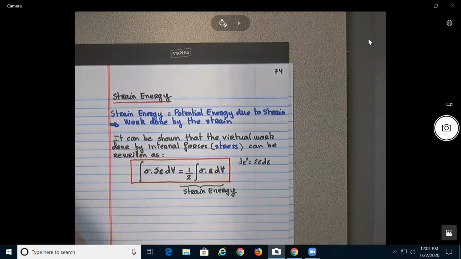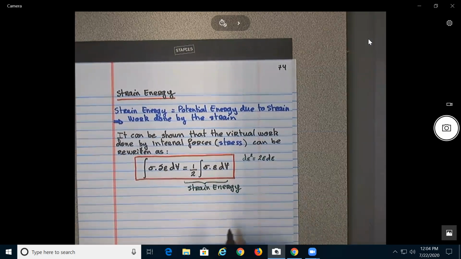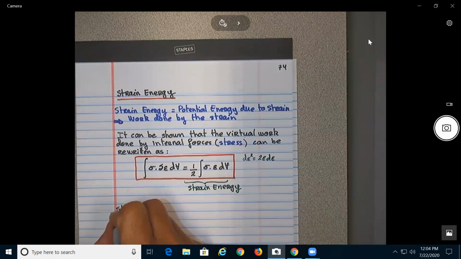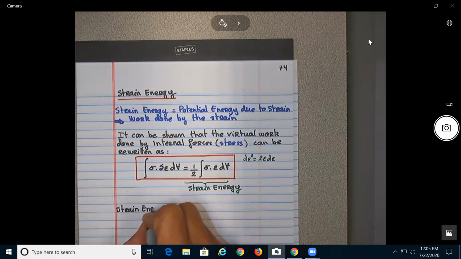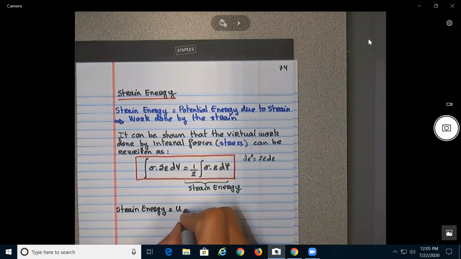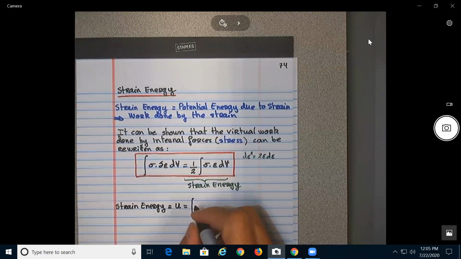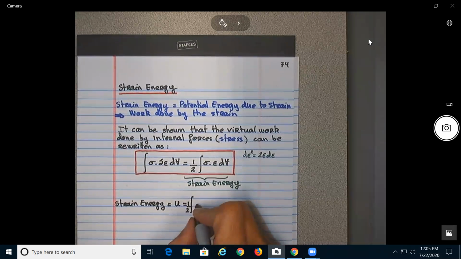the strain energy. And I can rewrite it differently as well, okay? So let's say strain energy is generally defined with the letter U, equal to 1/2 of this.